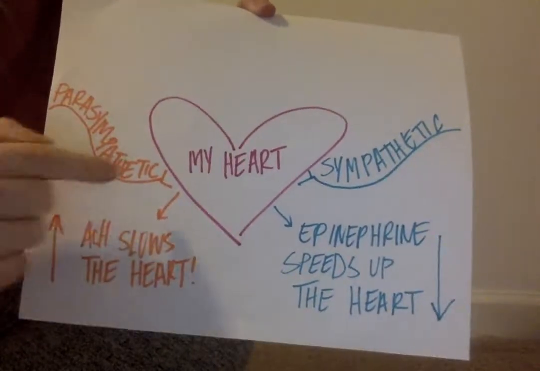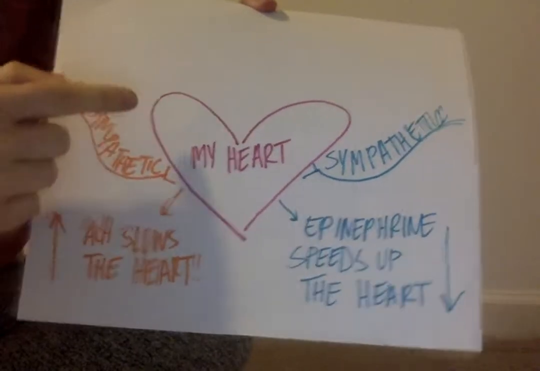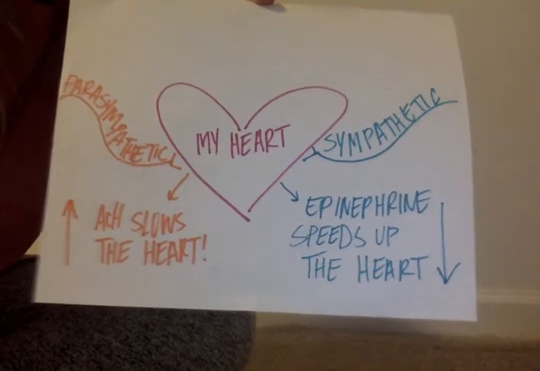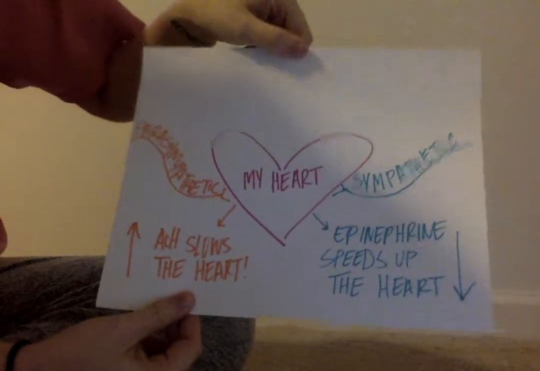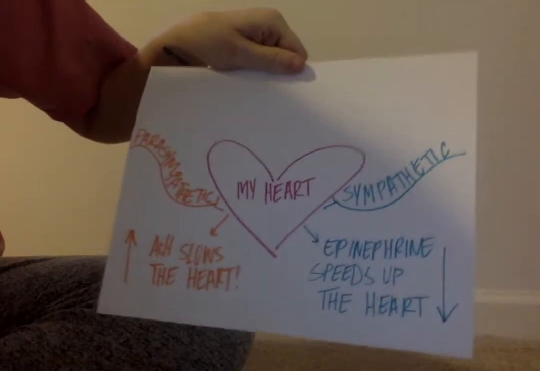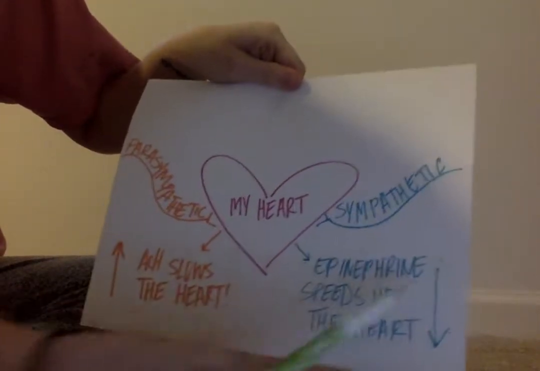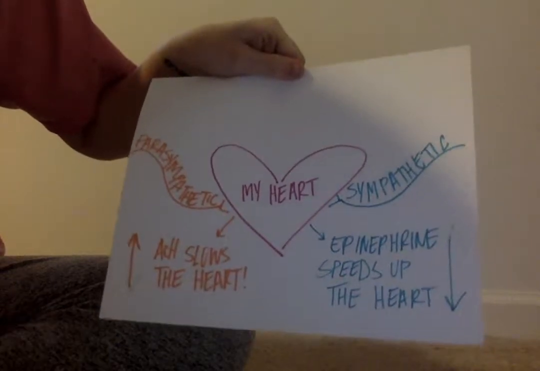When acetylcholine works on the heart, it's going to slow the heart rate down. So acetylcholine is going to slow the heart rate, and activation of epinephrine is going to speed up the heart. So I think I did this backwards. This should be up, and that should be down. We're just going to put the arrows going both ways.